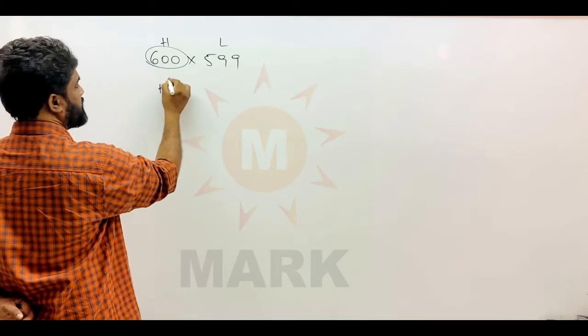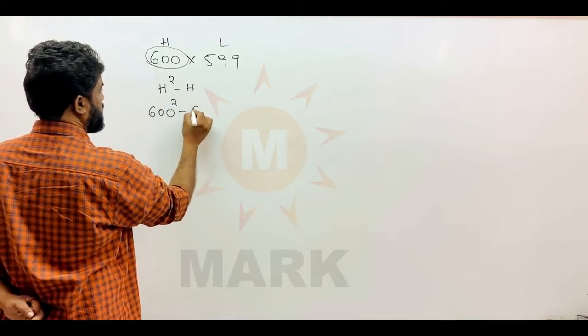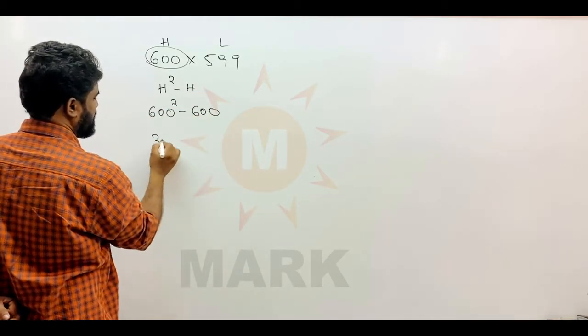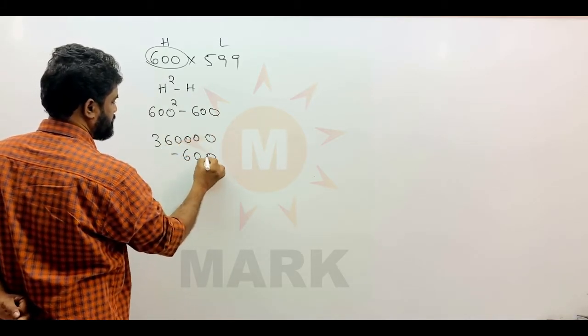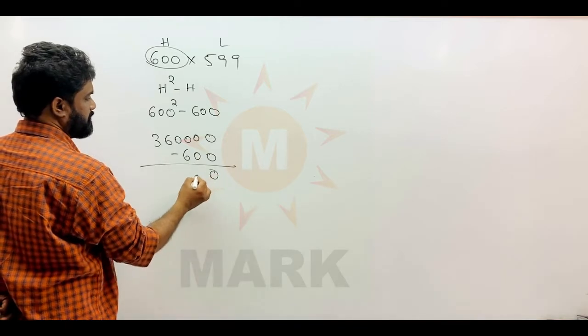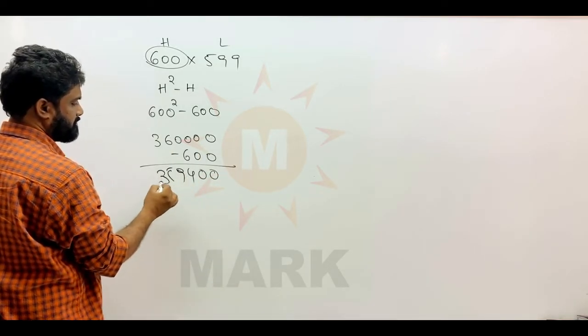So I am using highest number square minus highest number. So 600 square minus 600. What is 600 square? That is 36, with 4 zeros, minus 600. So 0, 0. 10 minus 6 is 4, this is 9, this is 5.